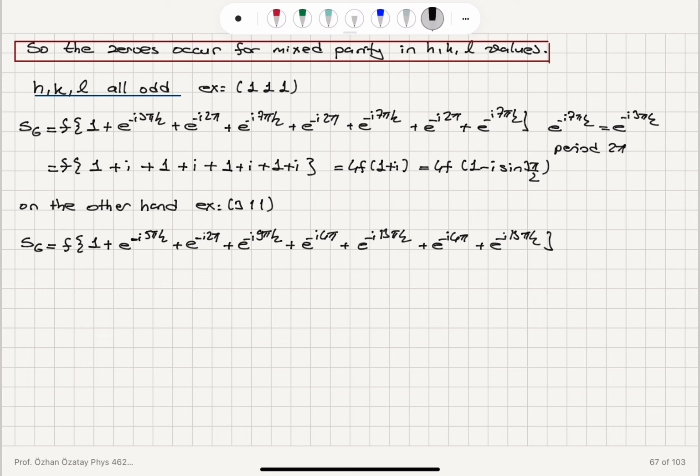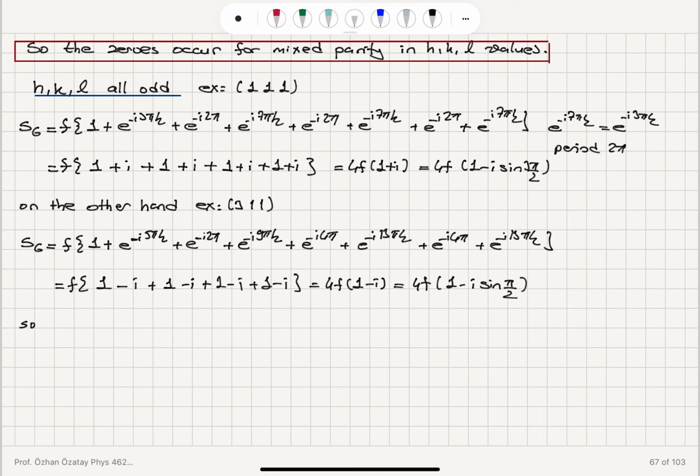If I calculate this, it is f times 1 plus cosine 5 pi over 2 minus i sine 5 pi over 2, that is 1 minus i. And if I continue, it's 1 minus i, 1 minus i, and 1 minus i. So what do I obtain here? This is 4f times 1 minus i sine pi over 2. So what is the conclusion?